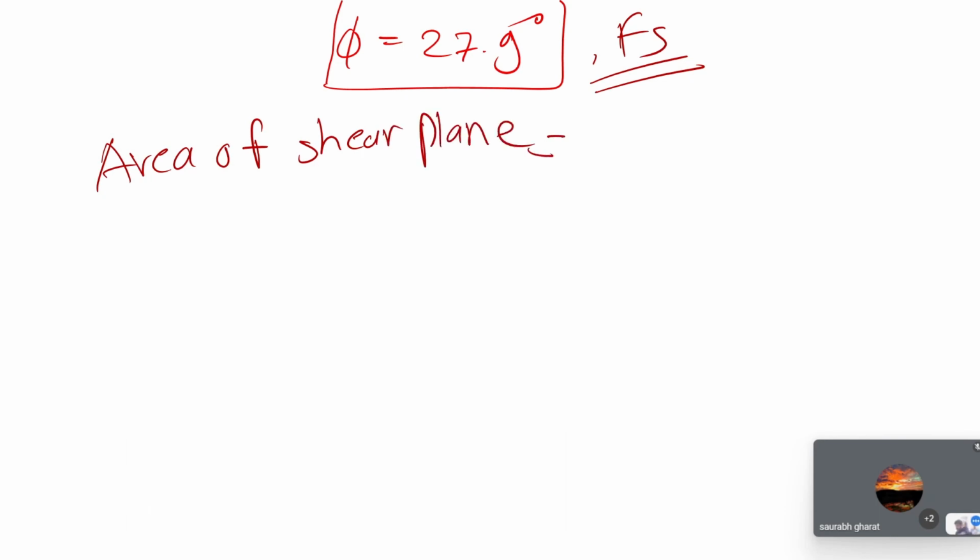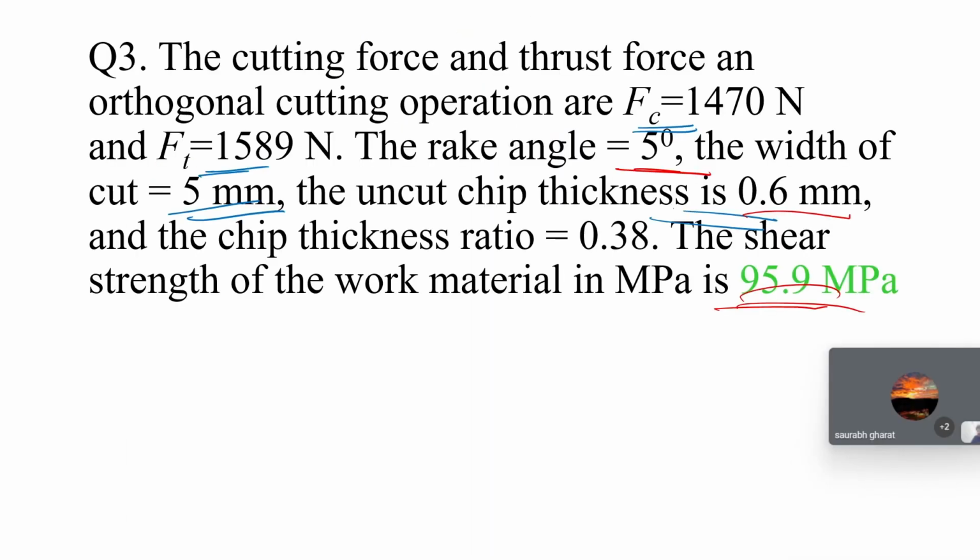I think in the previous question I told you that you need to find tan phi, which is equal to r cos alpha over 1 minus r sin alpha.